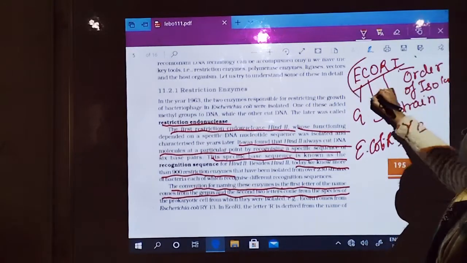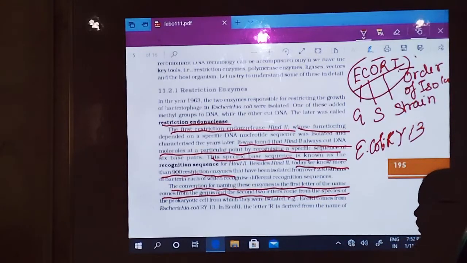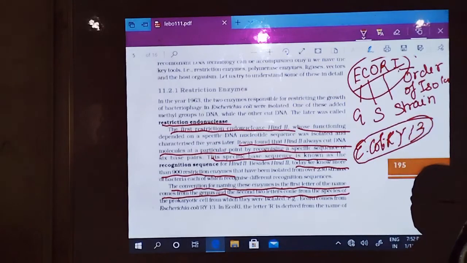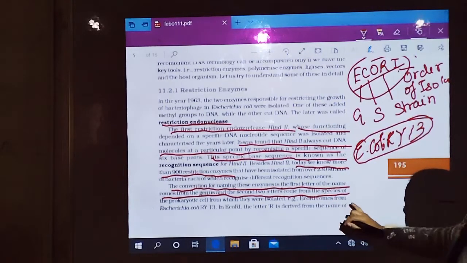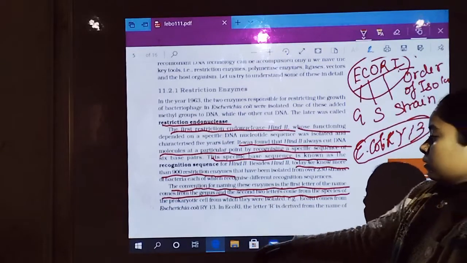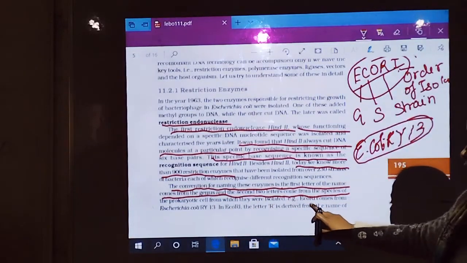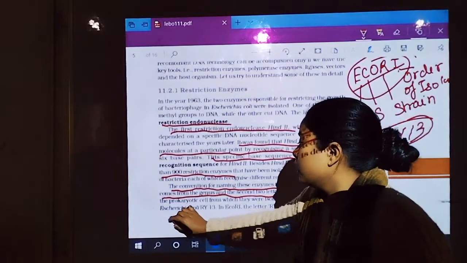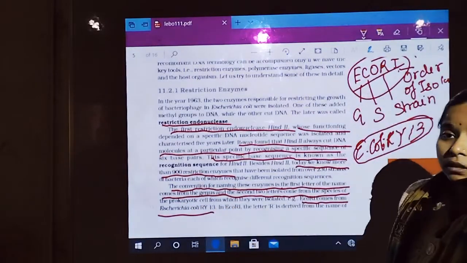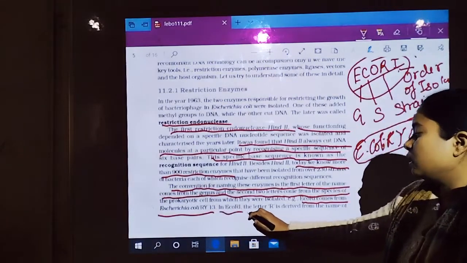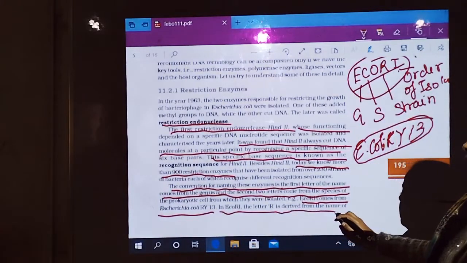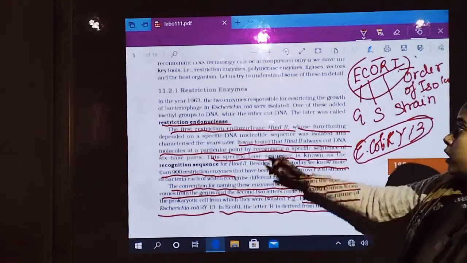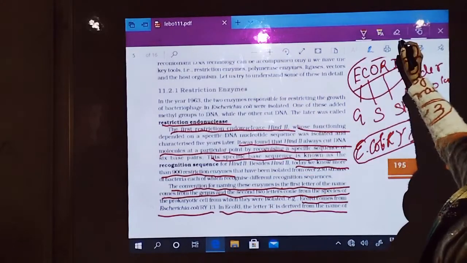That's why EcoRI is named according to the name of the prokaryotic cell from which it was isolated. The example is EcoRI, which comes from Escherichia coli RY13. In EcoRI, the letter R is derived from the name of the strain.